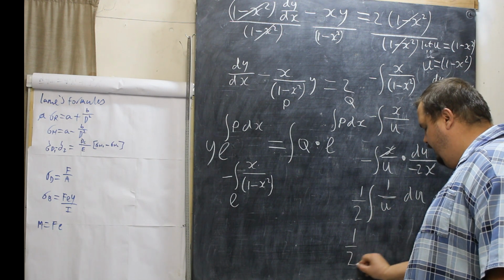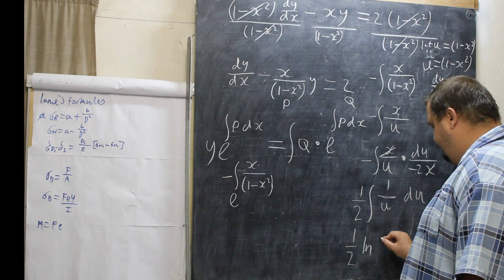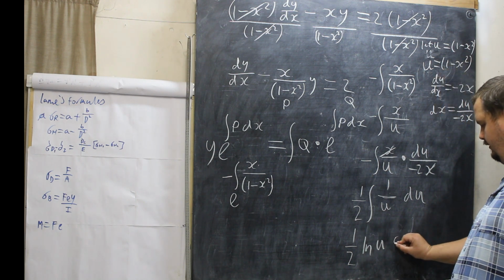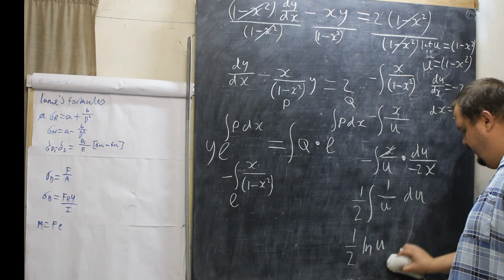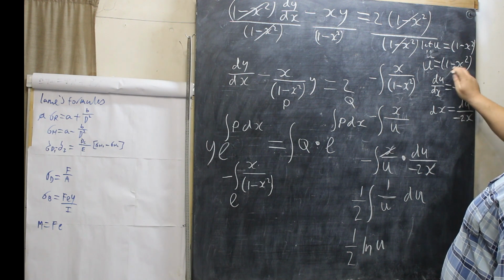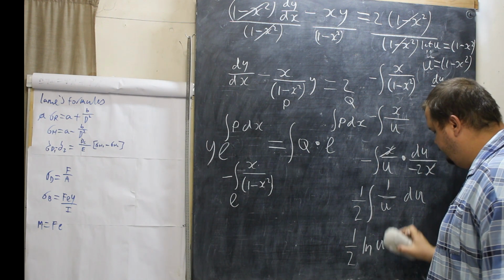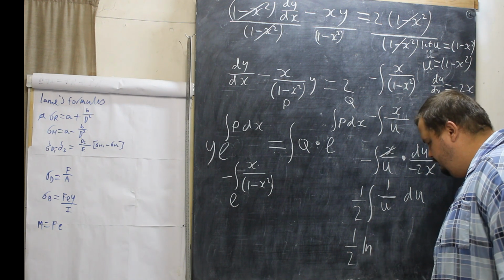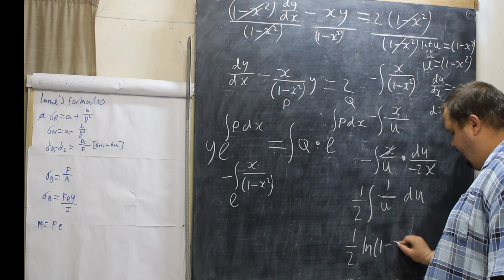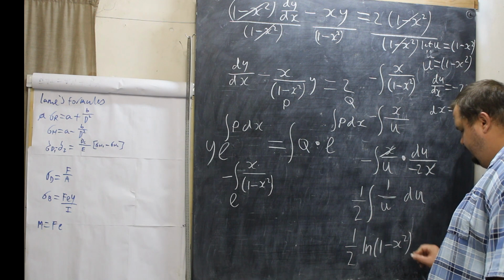So a half ln u. And now that is the integral. Now we replace u with what we started with, 1 minus x squared.